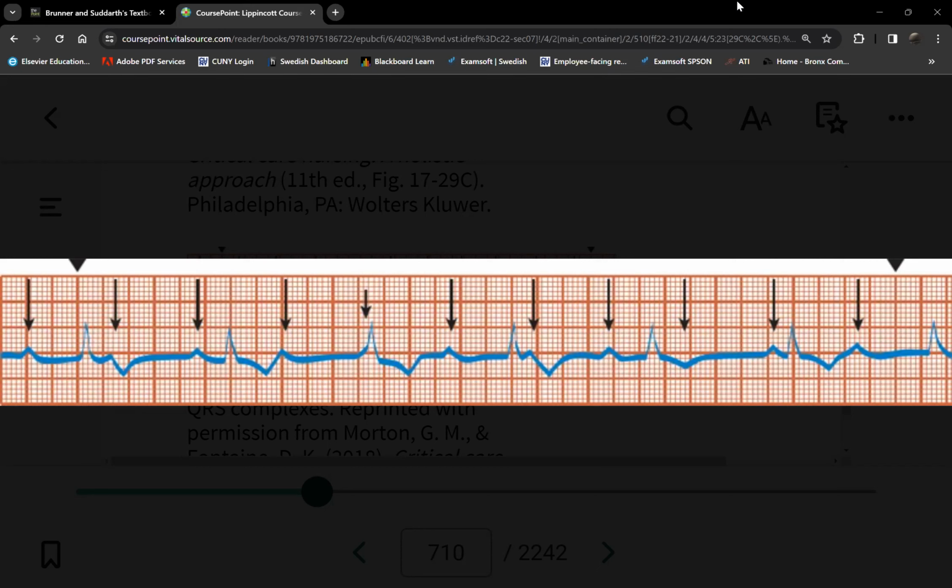And while the SA node fires 60 to 100, how many is the AV node capable of firing? 40 to 60. So let's see what's the evidence of a ventricular contraction? The QRS. Okay, so let's look at the QRS, the R wave. So this R wave and that R wave. Are they occurring regularly?